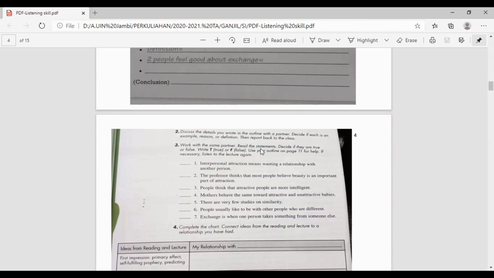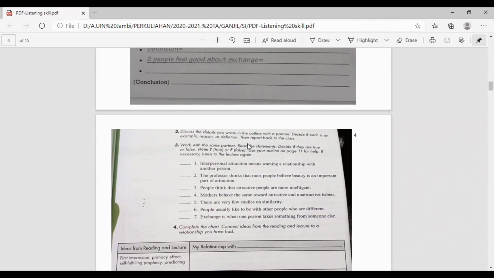Decide with one of your classmates if each is an example, reason, or definition. Okay, then report back to the class.